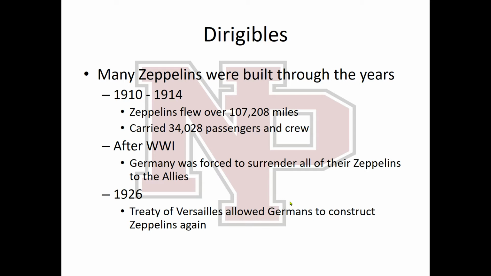So we're talking about 6, 7 years after the war ended. Now, Germany, you can start constructing your Zeppelins again and get back into the commercial industry of Zeppelin travel and air travel. So that was 1926, and the Treaty of Versailles allowed this to happen in 1926.